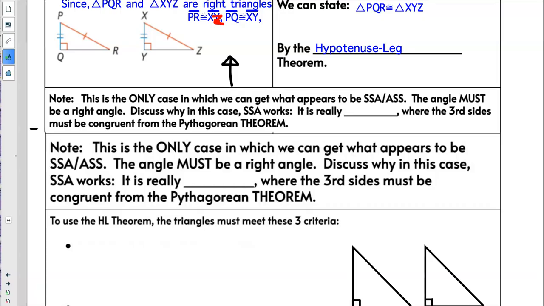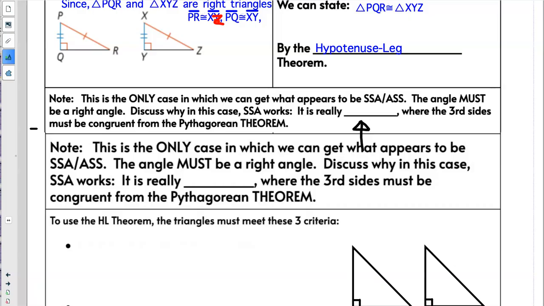Now, note, this is the only case in which we can get what appears to be side-side-angle. The angle must be a right angle, just like we talked about. It's got to be a right triangle. And we're going to discuss why in this case side-side-angle works.